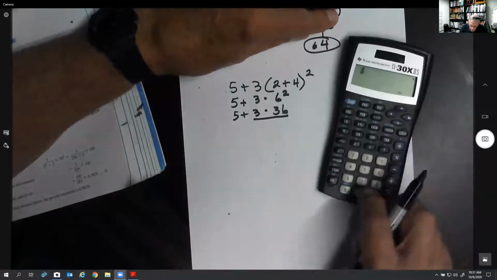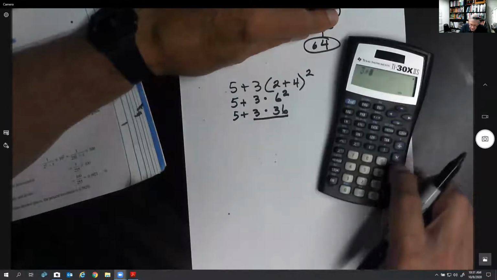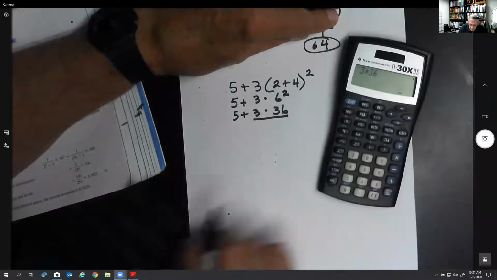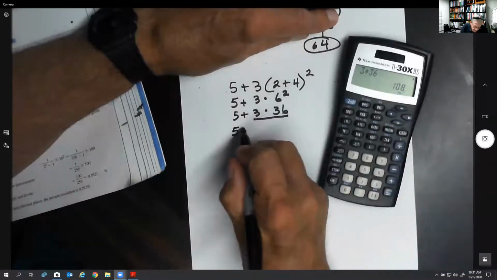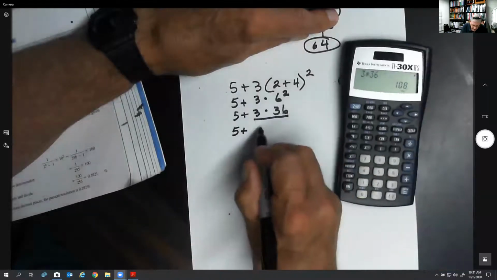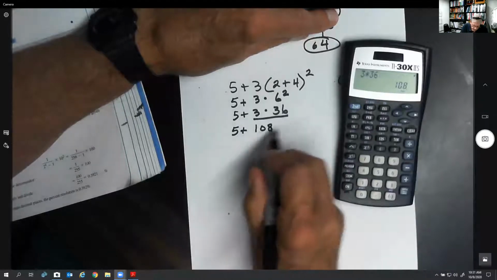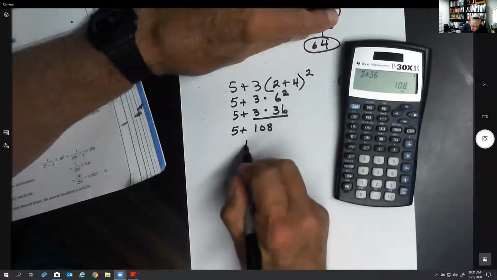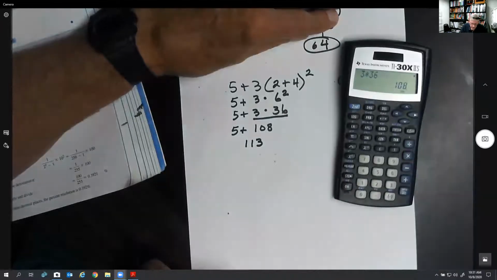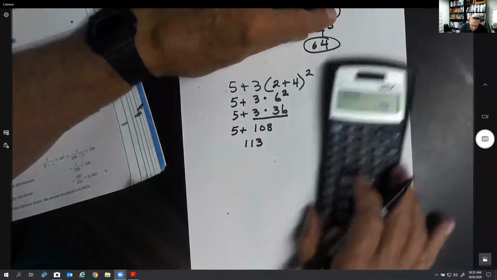Whoa. 3 times 36. 108. So I never really add this 5 and 3 together. Now, this might seem kind of weird to do it this way, but this is how it's done all the time. 113. Now, let's check it on our calculator.